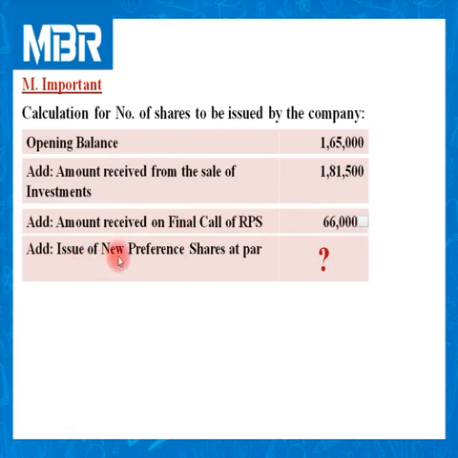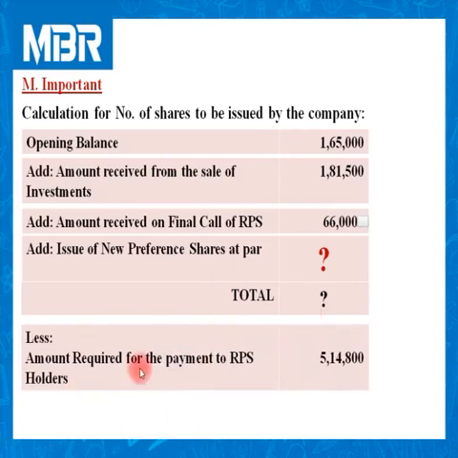Add new issue of preference shares at par? That we don't know. That is why I have inserted a question mark over here. And total, that we don't know. Until and unless we can calculate the figure of preference shares issued by the company, we cannot calculate this total.